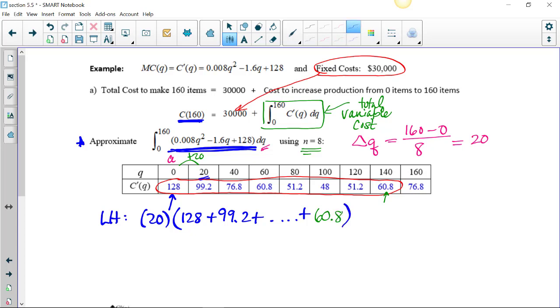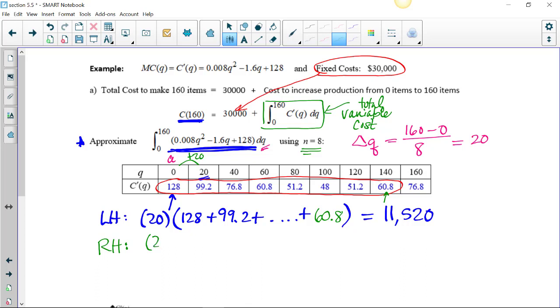Okay, so you'd add up those 8 numbers and multiply by 20, which comes out to be 11,520. Okay, so we're approximating that change in cost to be $11,520.